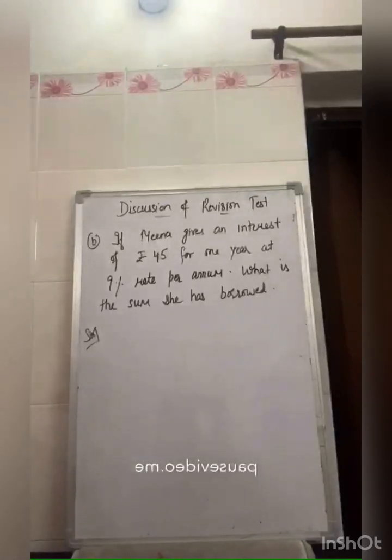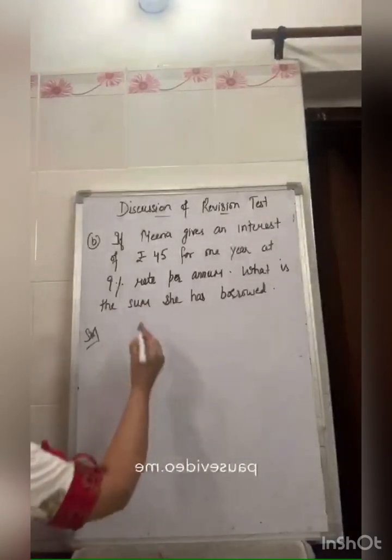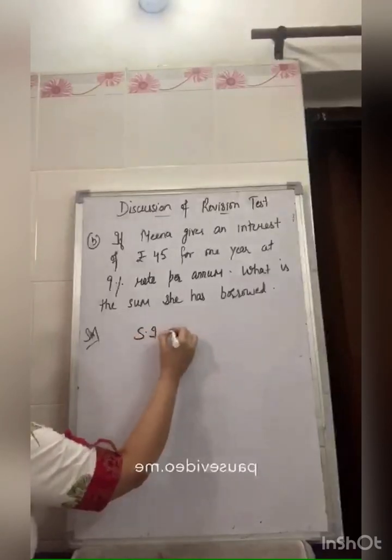Now next, 12th question, B part. If Meena gives an interest of rupees 45 for 1 year at 9% rate per annum, what is the sum she has borrowed? Now what is given to us in this question? If Meena gives an interest, here it means simple interest.